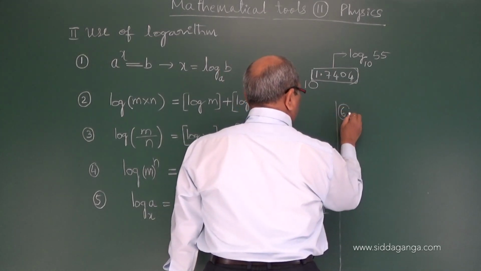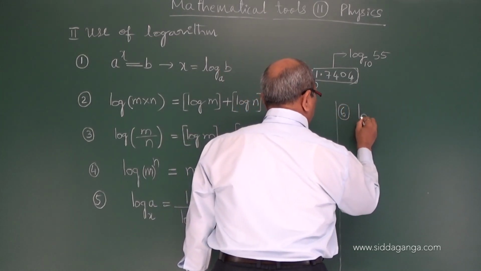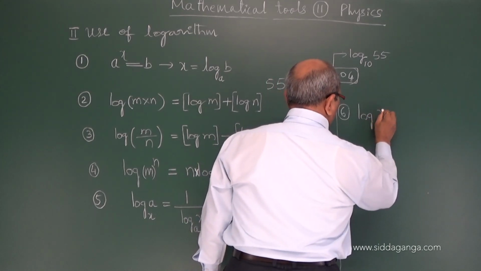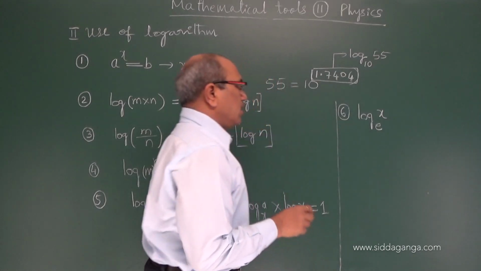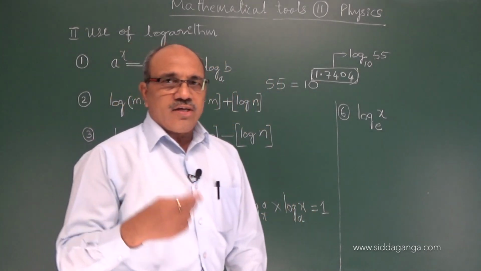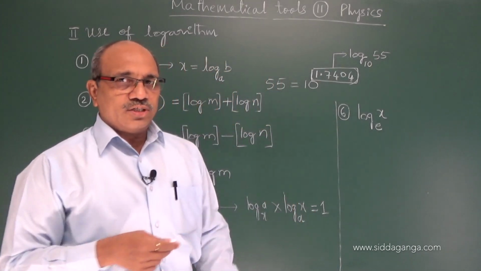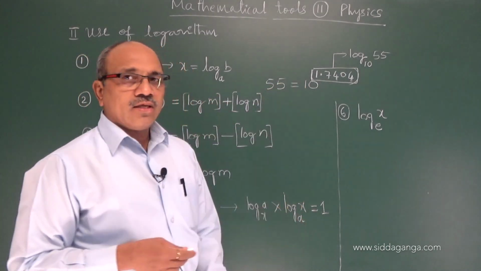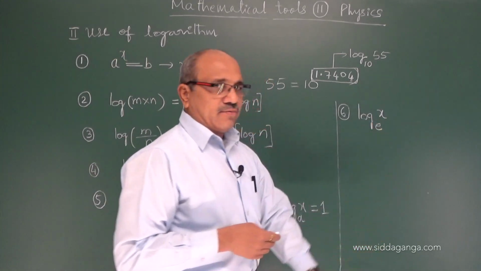And importantly remember, in simplifications, log of x to the base e: we are using the logarithmic table, the log book I showed yesterday, which is to the base 10. To the base e we do not have it.